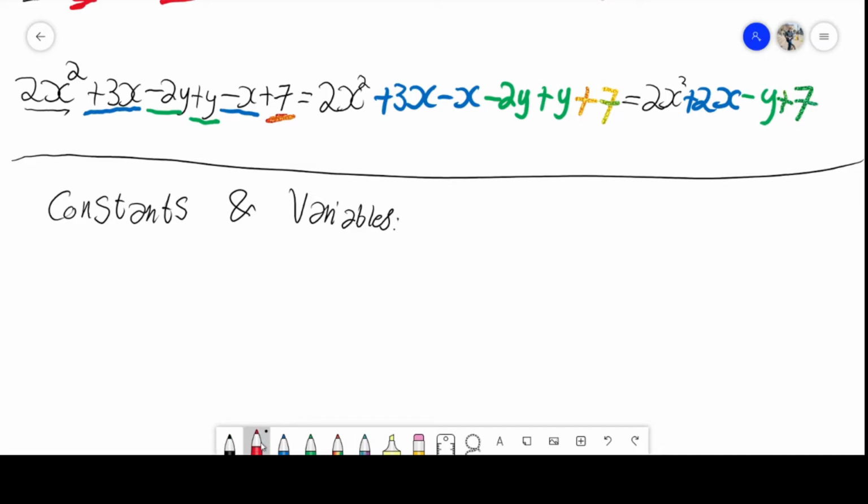So constants, we typically will denote with an A, a B, a C, a K, M, this sort of thing, and a variable will typically have as, say, X, Y, Z, T, for instance.